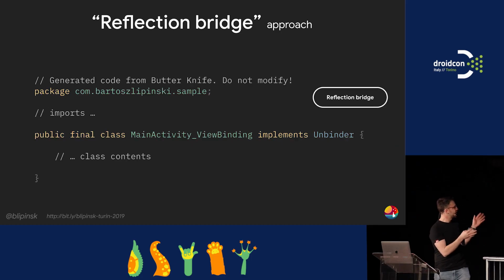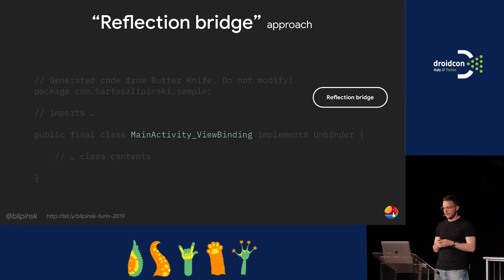So how does this reflection bridge work? What does it know, really? Basically, this is an example of a generated class from Butterknife. And the reflection bridge knows a few things. First of all, it knows the pattern of the name of the class. So it basically knows that if you added an annotation within the main activity, it will create a class with main activity underscore view binding.